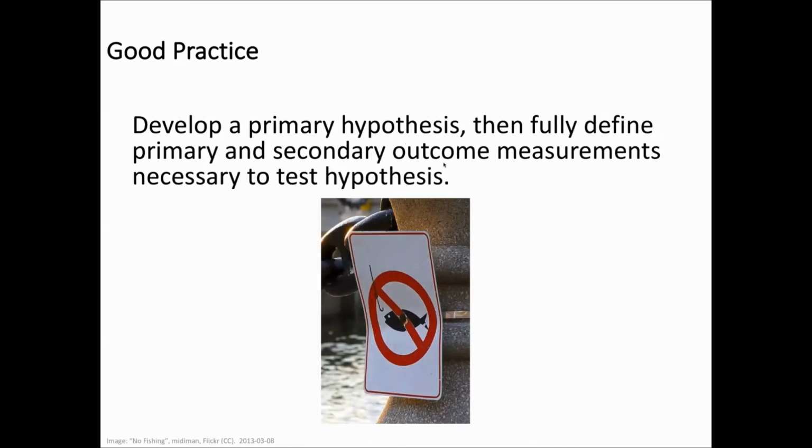This is probably my favorite best practice, and this one comes from a whole lot of meetings that I've done with a whole lot of big shots at my university and elsewhere. I'll get a meeting request sometimes, and it always kind of sounds like this: Dr. such and such wants to have a meeting with you in his lab, and they've got this great idea that they want to explore.